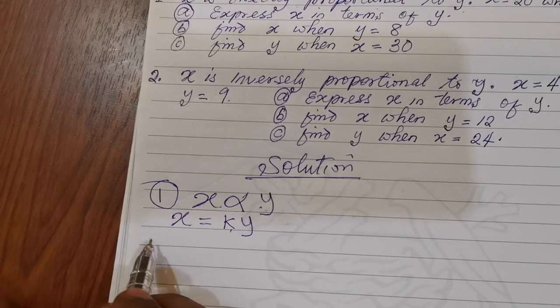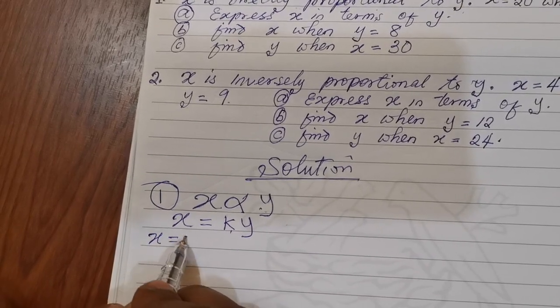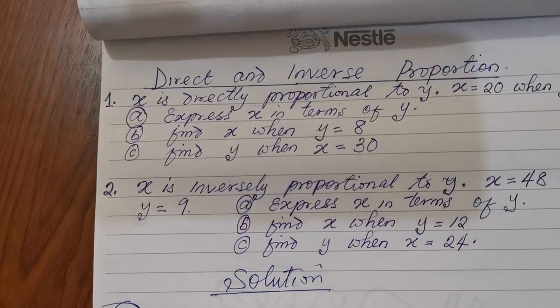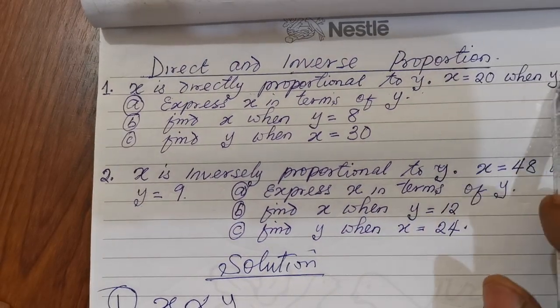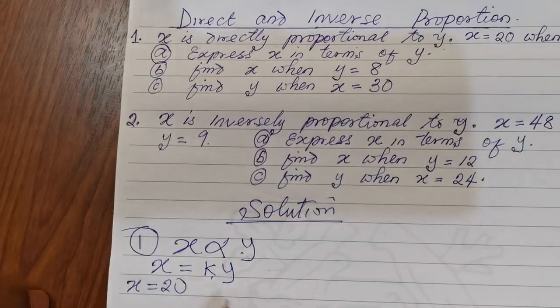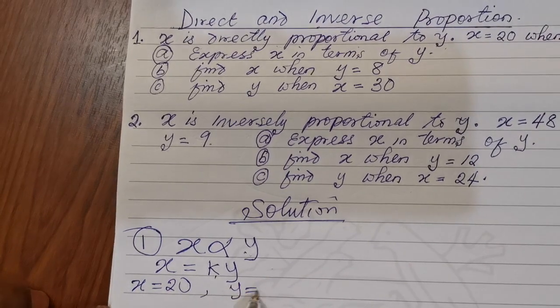The question gives us that x is equal to 20 and y is equal to 4.